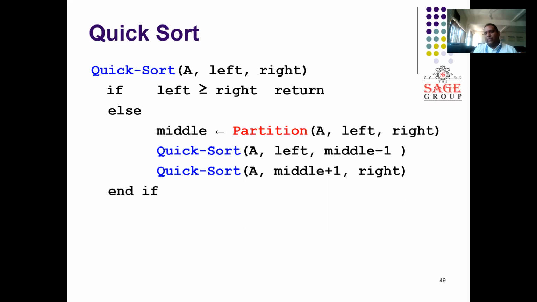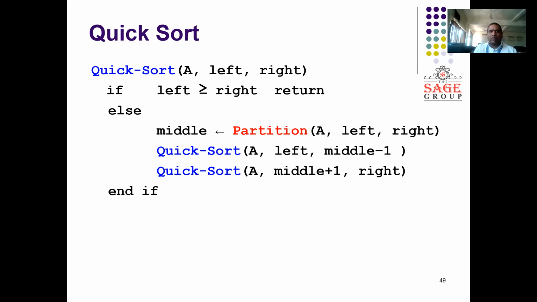It means the partition value is set. Then we call QuickSort again for left to middle -1, because the pivot element is in its actual position, and for middle +1 to right. The middle element is fixed, that is the pivot element.